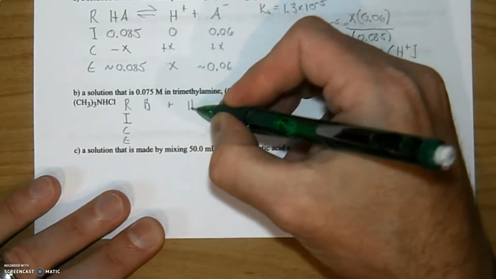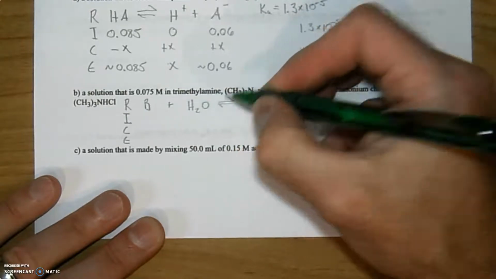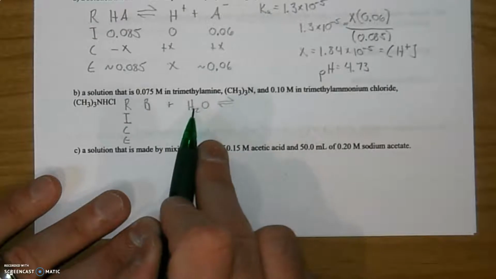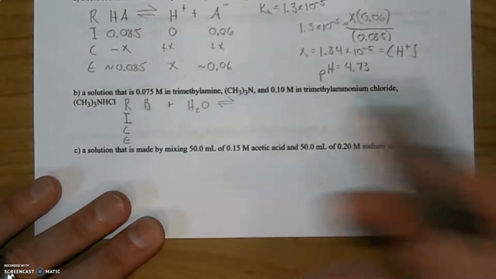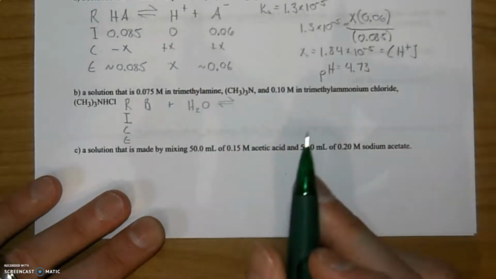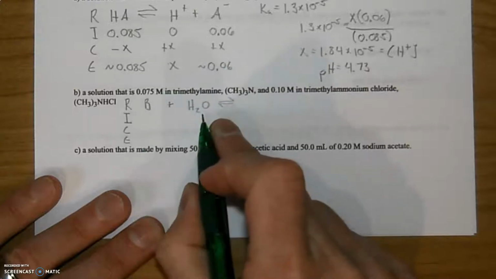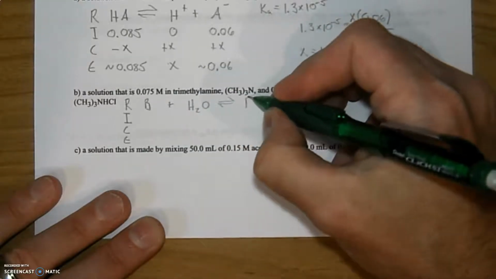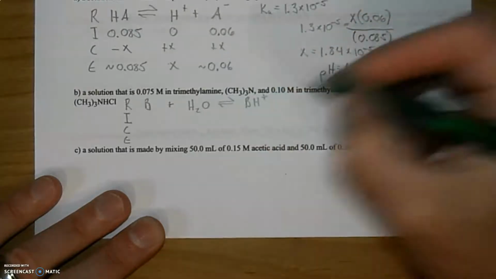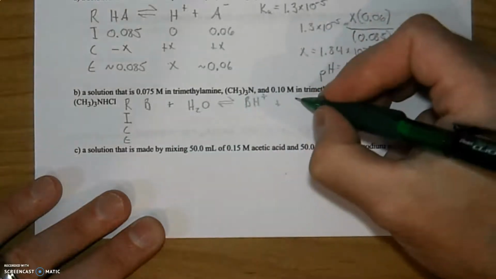Plus some water. There we go. Whenever you list off a weak base, you have to start with some water because it's going to steal a hydrogen and it has to steal it from somewhere. So you're always going to have water listed as a reactant in that type of equation. Okay, so when it steals that hydrogen, it's going to become BH plus. And then the remaining factor within this is going to be OH.